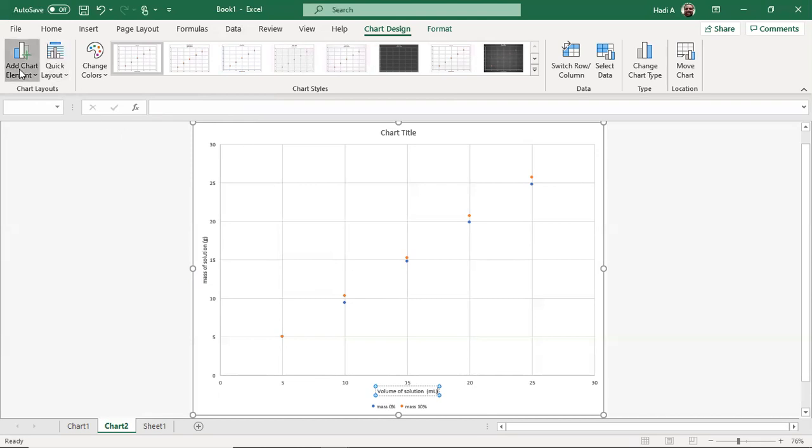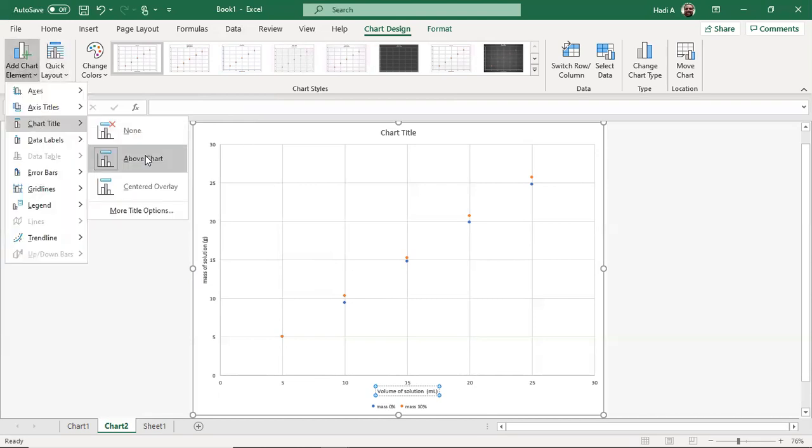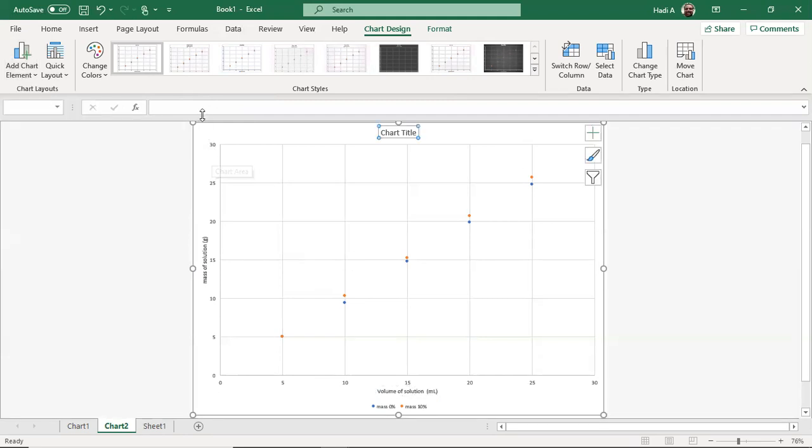So the chart title, something like mass versus volume for different concentrations of sugar.